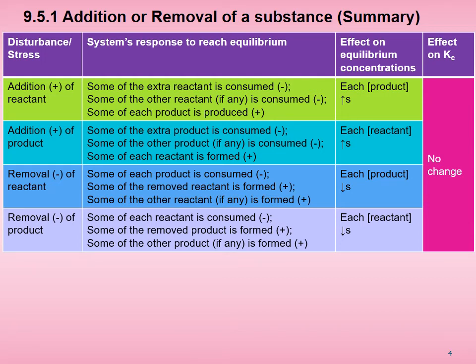When a system is disturbed or stressed by the removal of a product, some of each reactant is sacrificed and consumed to undergo reaction so as to replace the missing product. Another product, if applicable, will also be formed in the process. This leads to a decrease in the concentration of each reactant.